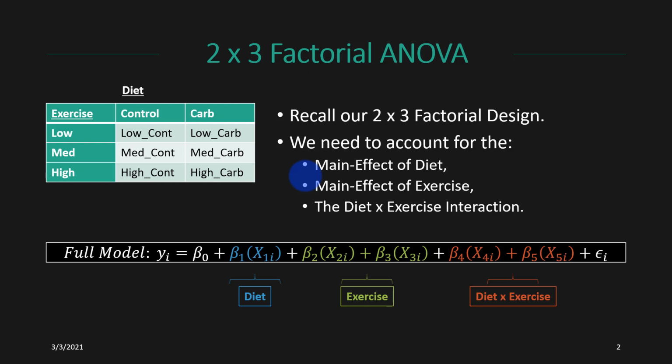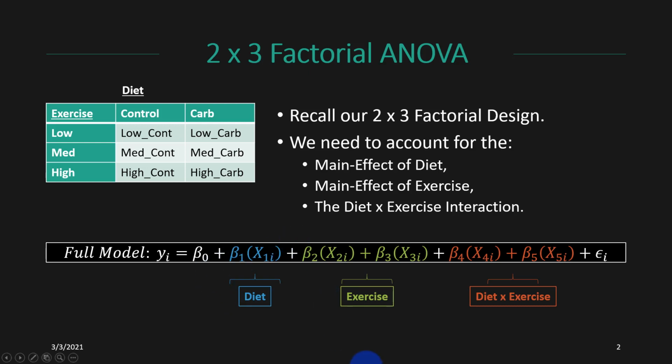The interaction is just saying, does the effect of one of our variables depend on the level of the other variable? And you can refer back to our previous video for how we constructed this model, but remember that we're making some prediction based on a number of contrast-coded variables where we need one less variable than the number of levels of that categorical factor.